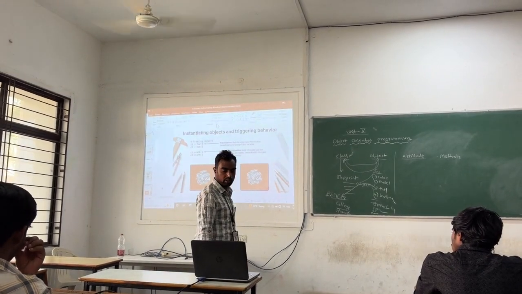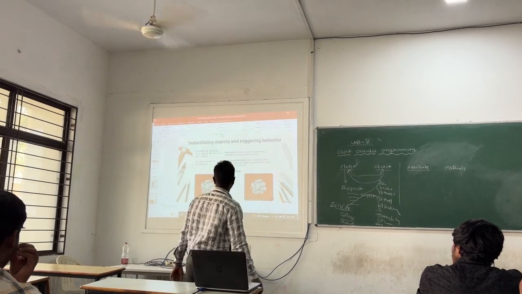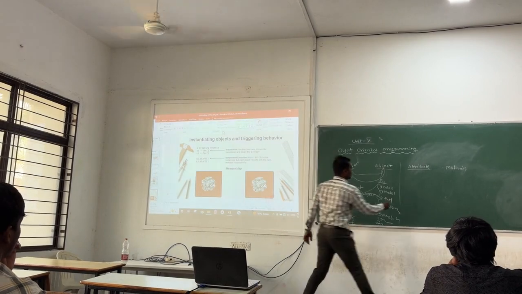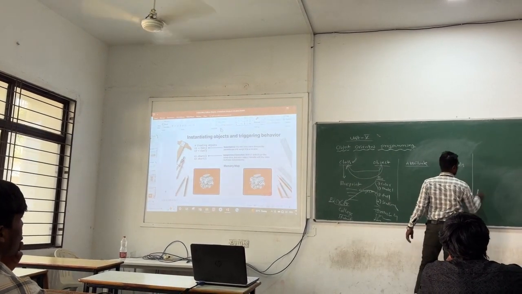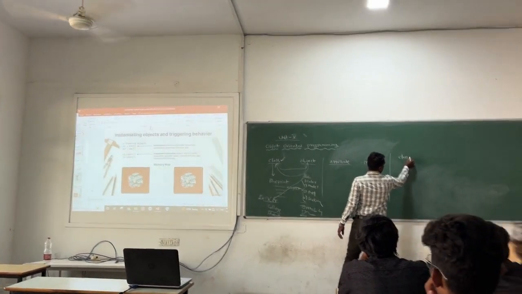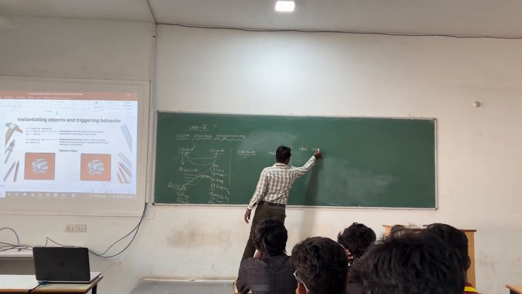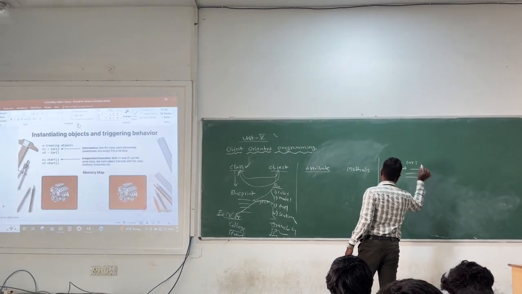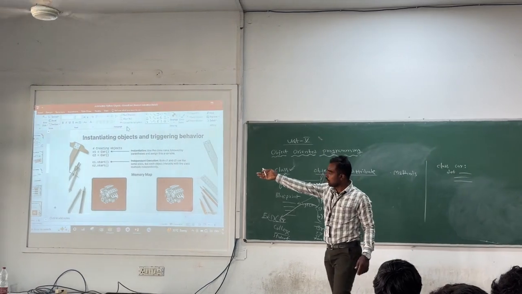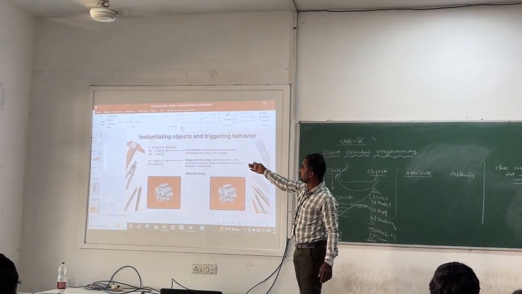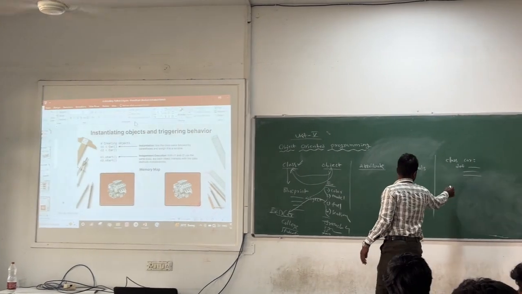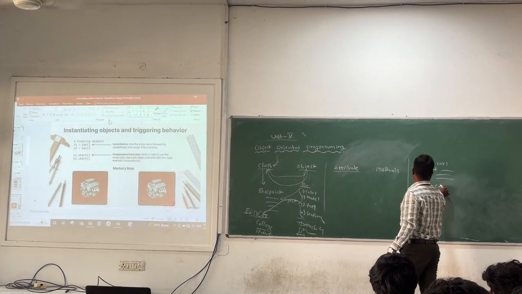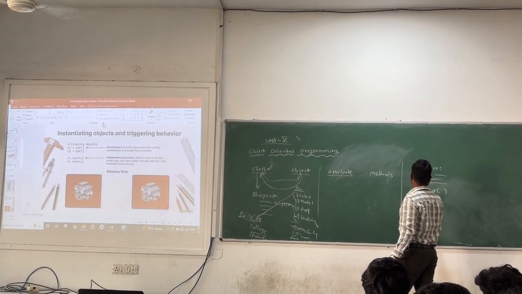Here you can see how to create the object. Suppose this is the example for class. What is the class name here? Car. Here we need to define some function for this car. After that, how the objects are created: first C1 is equal to car, so we are obtaining the car function.